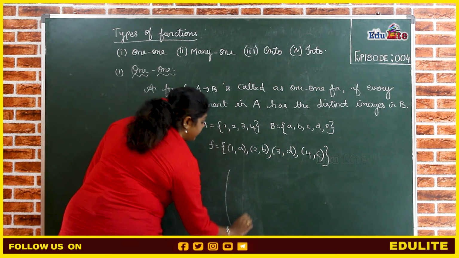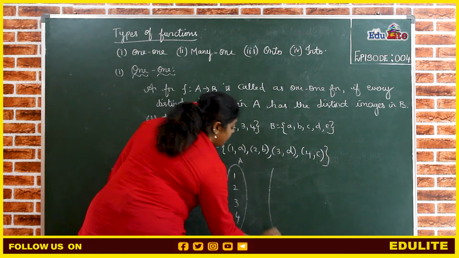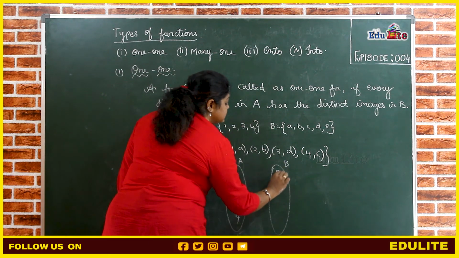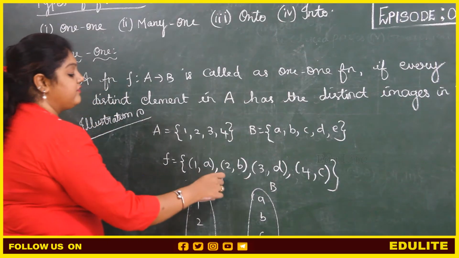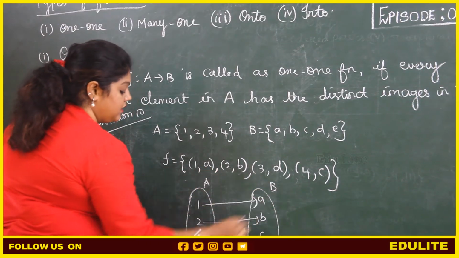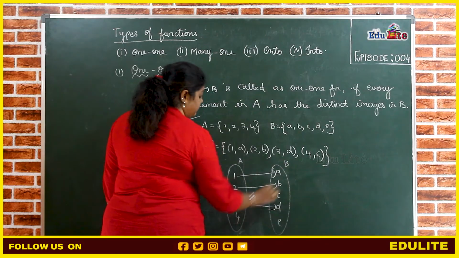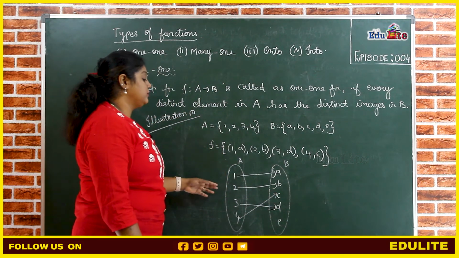Set A is given as 1, 2, 3, 4 and set B is given as a, b, c, d, e. In the given function, 1 is mapped to a, 2 is mapped to b, 3 is mapped to d and 4 is mapped to c. According to the definition, we will check whether this is a one-to-one function or not.